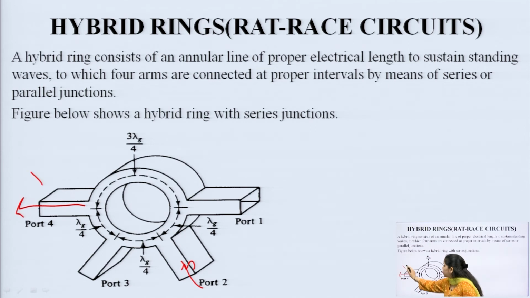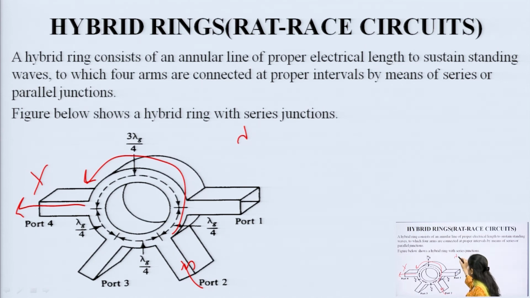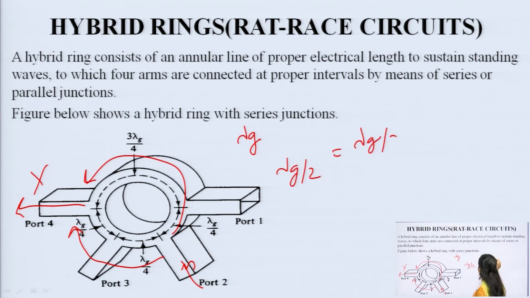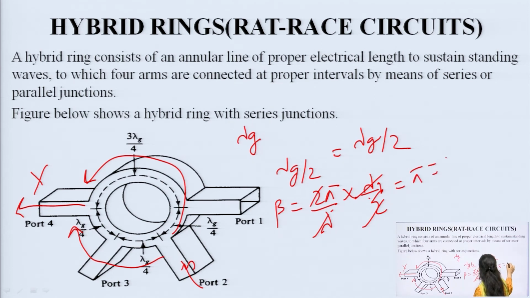You can calculate that this path will be lambda g, and this way it will be lambda g by 2, again the difference will be lambda g by 2, and the phase shift, beta equal to 2 pi by lambda, is equal to pi, that is equal to 180 degrees again.